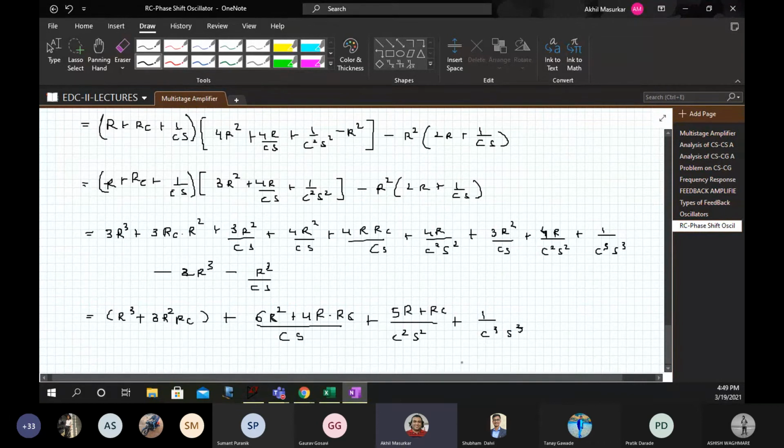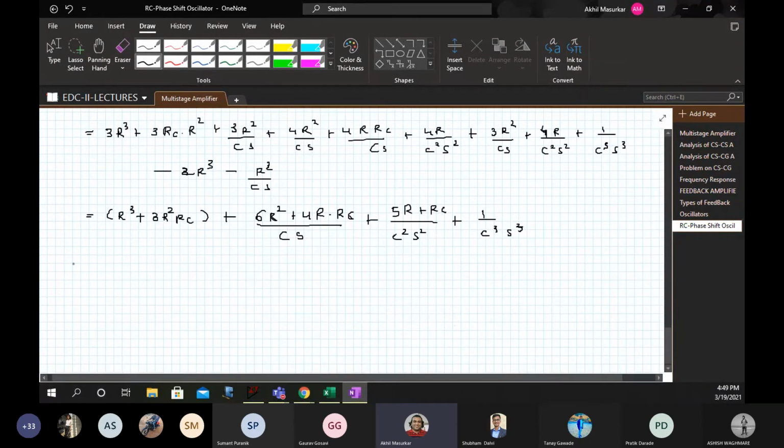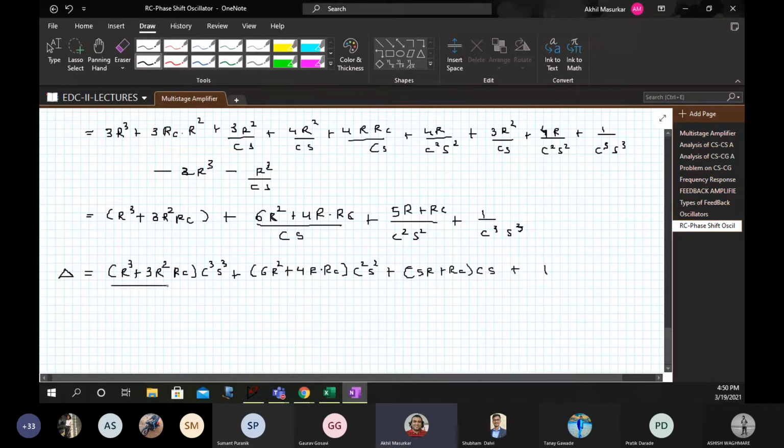So now we can write very easily, just by cross multiplication, delta is equal to (R cube plus 3R square RC) into C cube S cube plus (6R square plus 4R into RC) into C square S square plus (5R plus RC) CS plus 1, this entire thing upon C cube S cube.